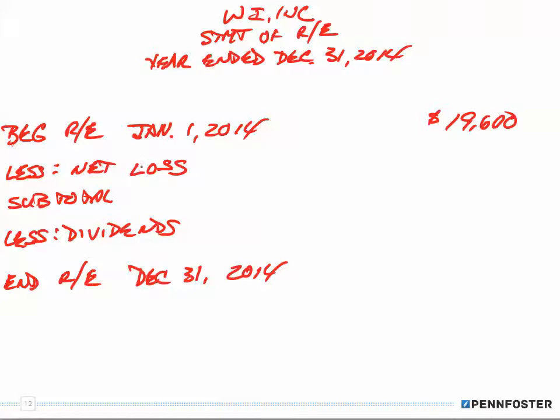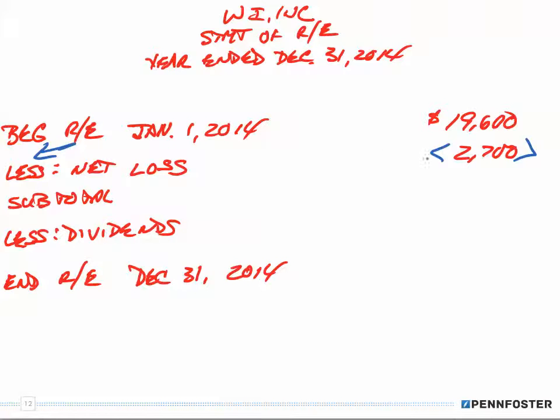Now, we have a net loss, and I'm going to disagree with the way the authors present the solution. I'm going to write a positive $2,700 here, and the reason why is because my description right here tells me that I'm subtracting the $2,700. The authors had put this as a negative number.